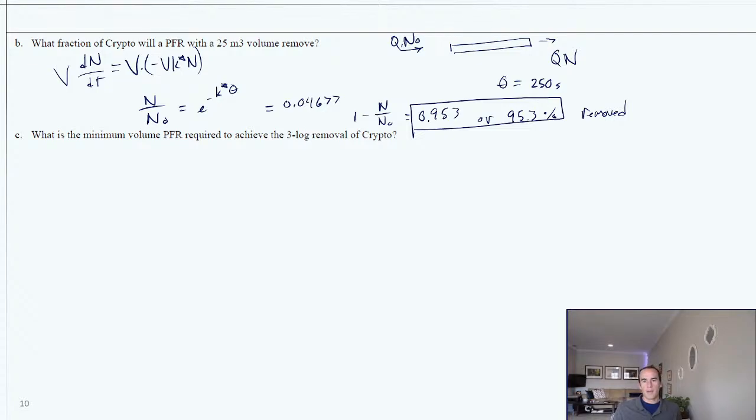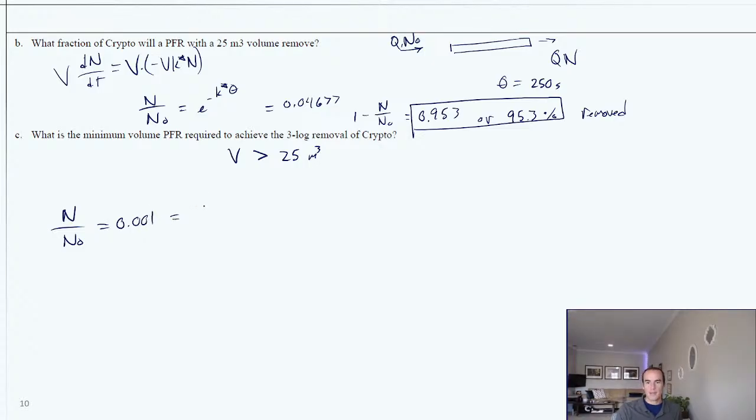So we need to have something larger. To achieve the 3 log removal, we know that the volume that we need is greater than 25 cubic meters. And the way to find it is actually relatively simple. We just simply need to set the N over N naught, this must be 0.001 now.